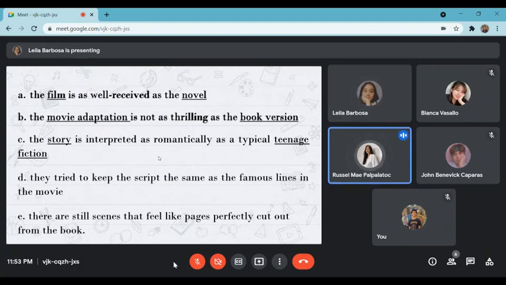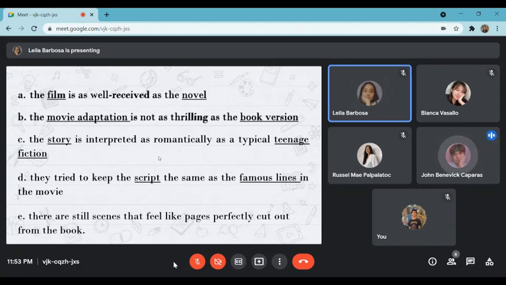The two things being compared are script and famous lines. Okay, so script and famous lines. And for the last phrase. Yes, Benedict. The two things that were being compared in the given conversation are scenes and pages. Okay, so let's check. So the two things being compared in this phrase are the scenes and the pages.